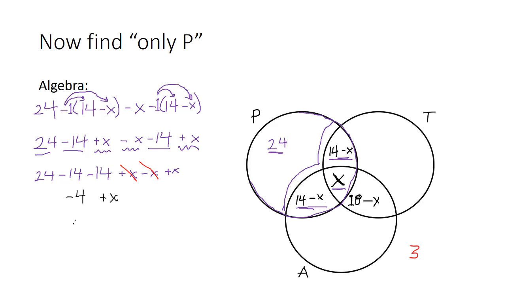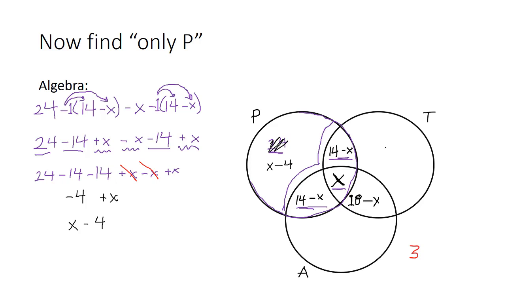I don't like writing it like that. I like writing it this way, which works just the same. So here, we don't have 24, that's the whole thing. This is actually x minus 4. So we have an expression for the number of people that have seen only Predator, but we don't know what x is yet.